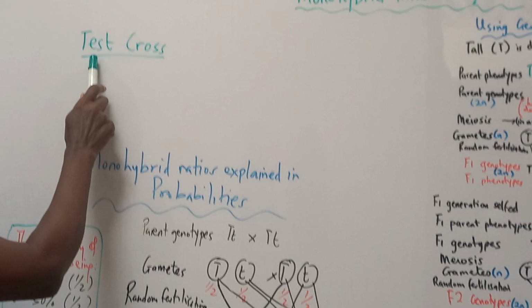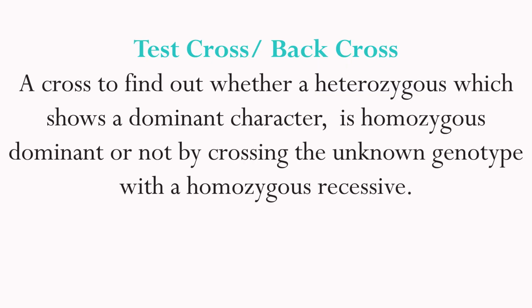Now we want to consider the test cross. A test cross is a cross to find out whether a heterozygous individual which shows a dominant character is homozygous dominant or not. So you cross the individual with a dominant character with a homozygous recessive.